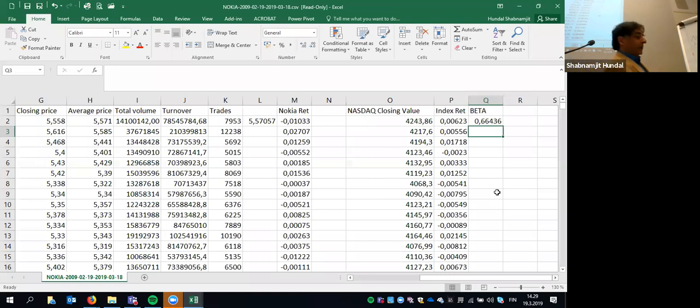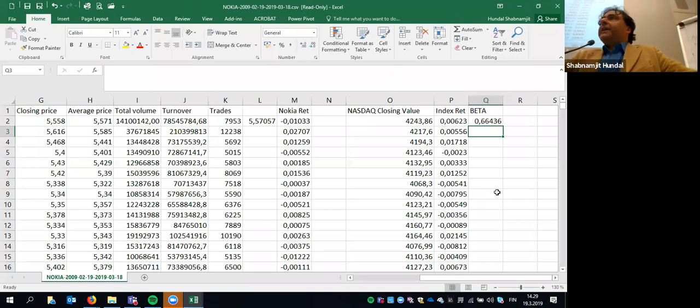And if the market goes down by 1%, Nokia's stock return will go down by 0.66%. So this shows the sensitivity that Nokia carries due to the market movements.